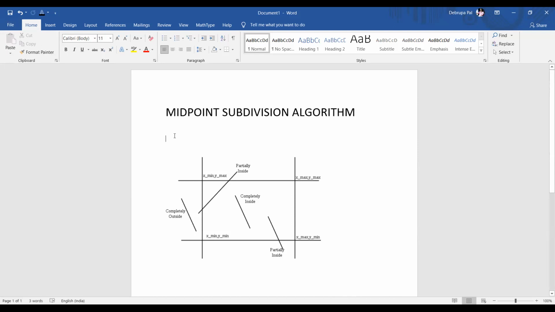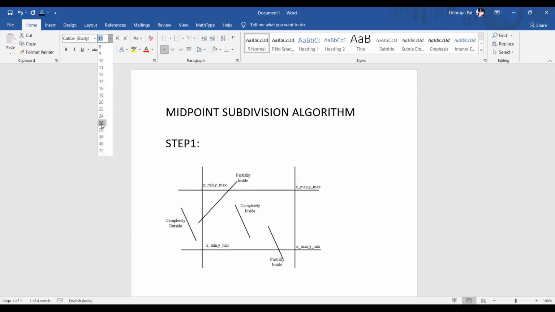Let us look into the different steps of the algorithm. Let us look at step 1. What is step 1?